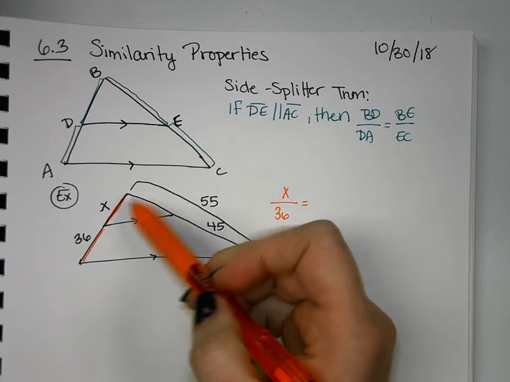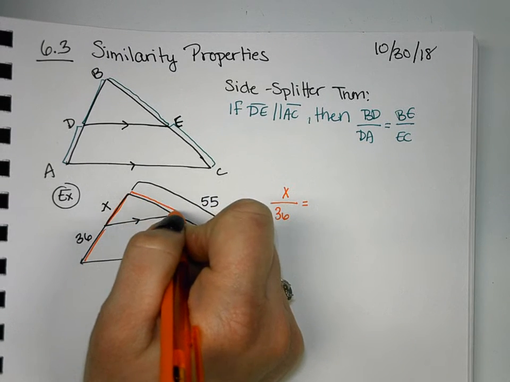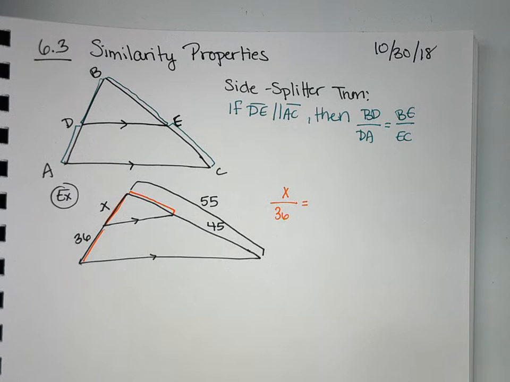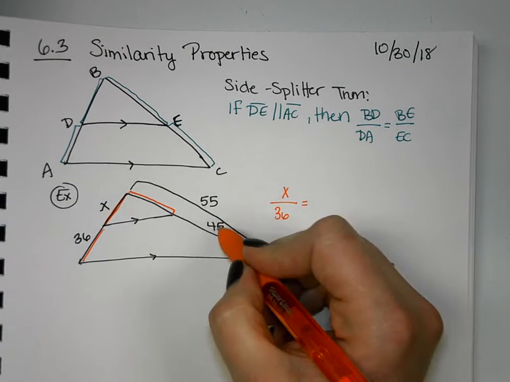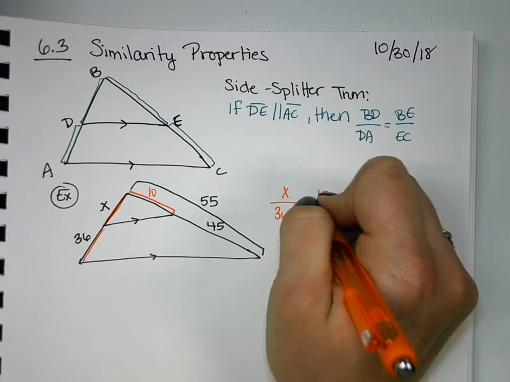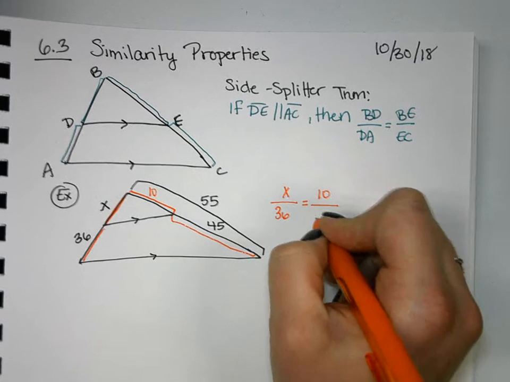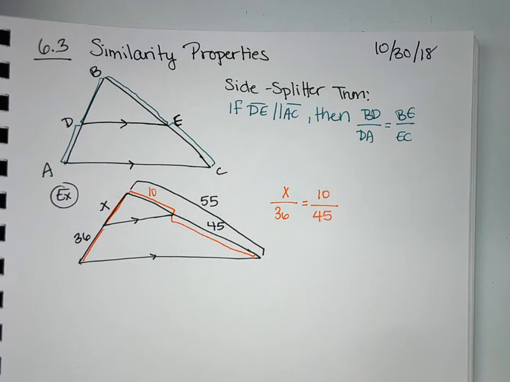So because I put x on top, I would have to put this length here on top. So do I know what that length is? Okay, we would subtract 45 from 55 to get 10. So we would say 10 over, and then we'd say over this bottom length, 45. That's how we use the side splitter theorem to set it up.